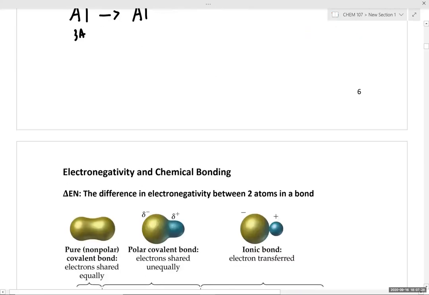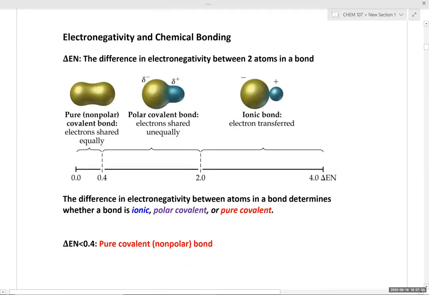Okay, let's keep going. Let's look at electronegativity and chemical bonding, because yes, francium would be one of the least electronegative elements. We're going to define a term called delta EN, which is known as the difference.